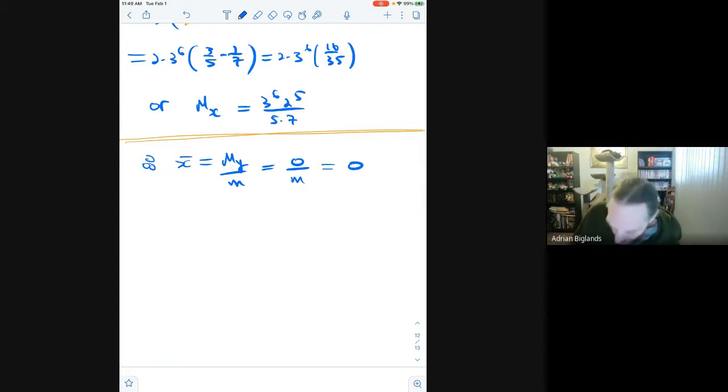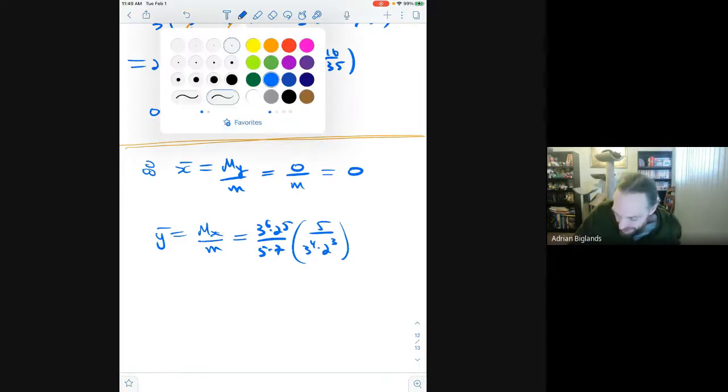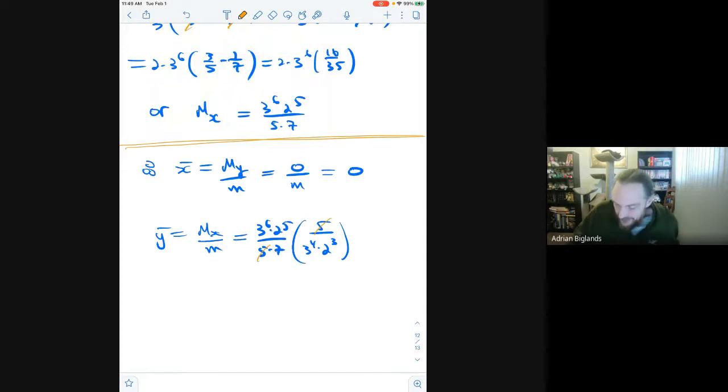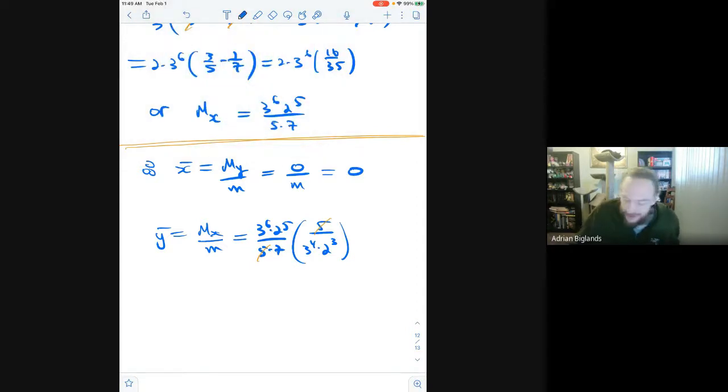So y bar is equal to Mx over m, which was 3 to the 6 times 2 to the 5 over 5 times 7. And then if you look at 648 over 5, that's upside down. That's going to be 5 over, we get 3 to the 4 times 2 to the 3, which now you can cancel a bunch of stuff off. In particular, the 5s will cancel out, right? I'm just going to look at the prime factorizations. You can simplify the numbers however you want.